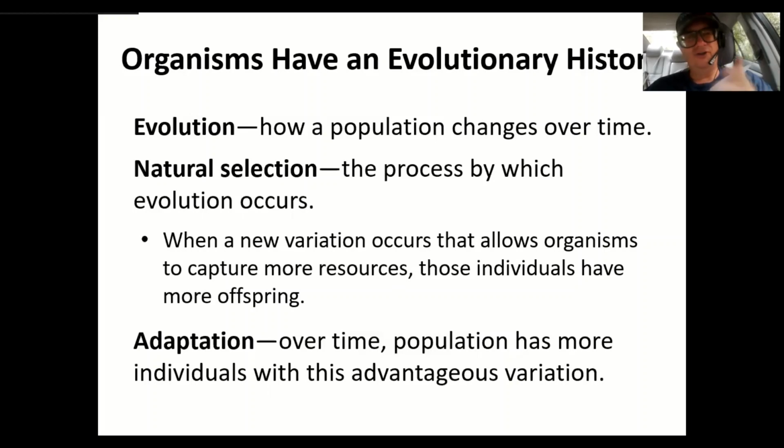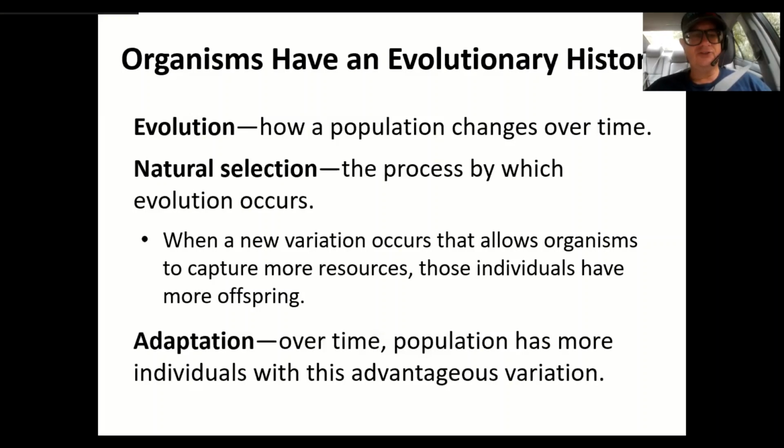So over 200 years, 300 years, the white bears become more common in this population and the brown bears less common. That is evolution. A change in a population over time is evolution. A change in an individual is metamorphosis.